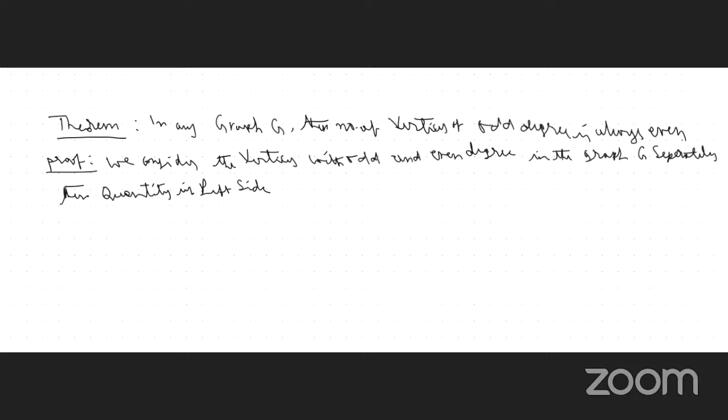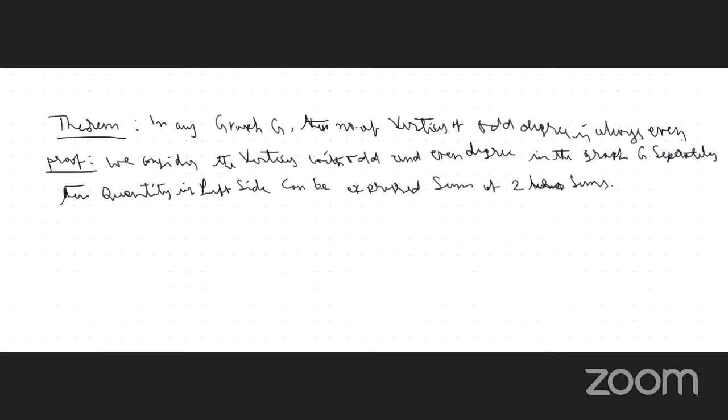The previous thing can be expressed as the sum of two sums, taken over the vertices of even and odd degree respectively.